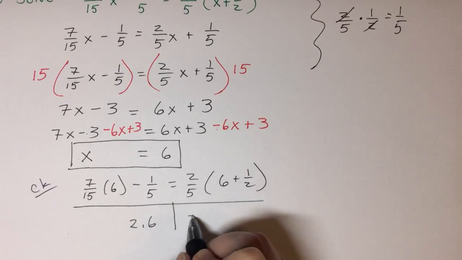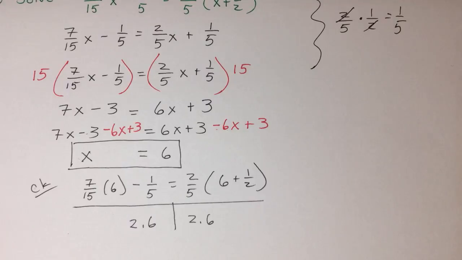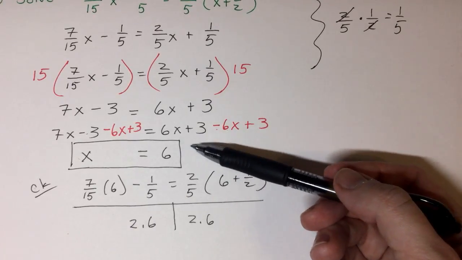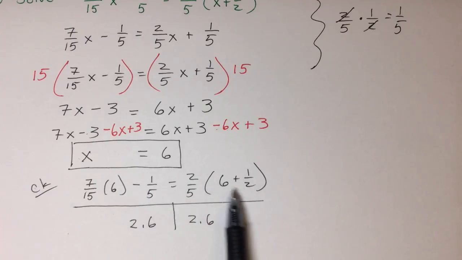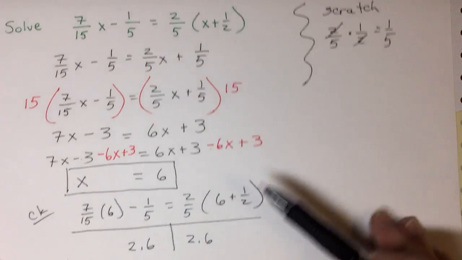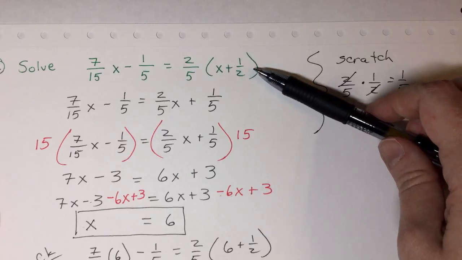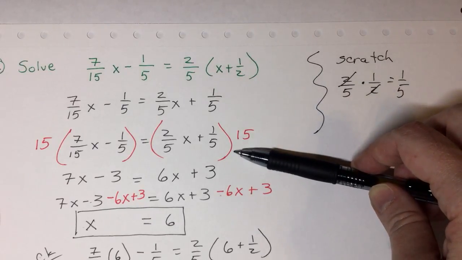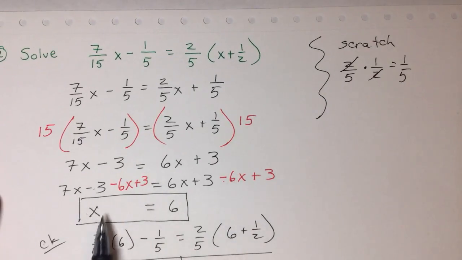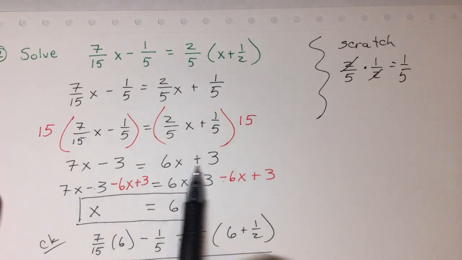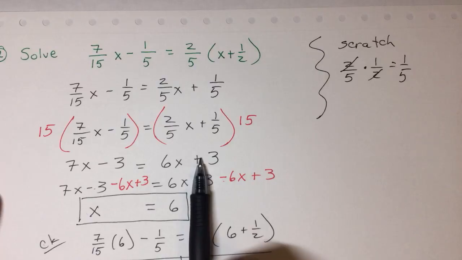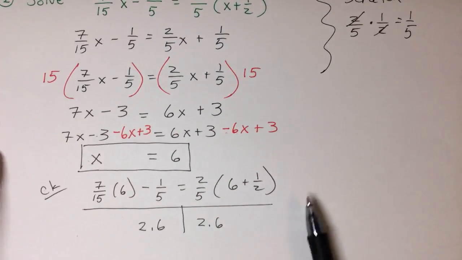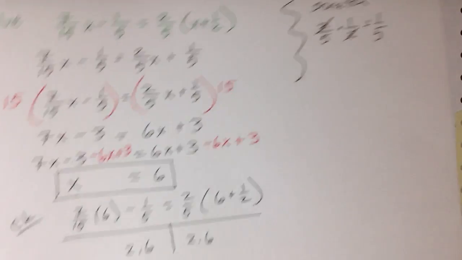Decimal 2.6 equals 2.6, you will get a true statement telling you that 6 is the solution. But going ahead and writing it out into the original, that's going to tell you if you made any mistakes when you distributed or when you cleared the parentheses and cleared the fractions. If you check it just in here, that only tells you that that equation was solved correctly. Doesn't tell you that the original one was solved correctly. So always go back and check in the original.